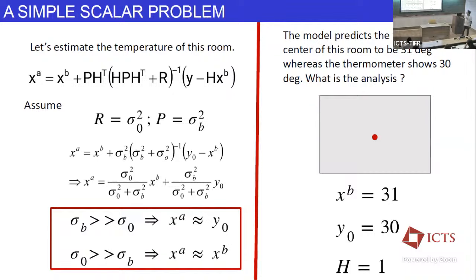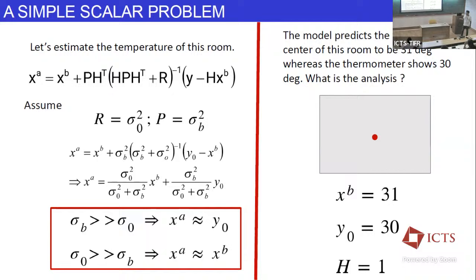You just have to plug all this in and assume that the observation error variance is, let's say, sigma o square, and the model error variance in this case, because it's a scalar, is sigma b square, then you can arrive at a very simple expression for your analysis. What you see in your analysis is that your background and your observation, both of them are multiplied by some weight factors, okay?